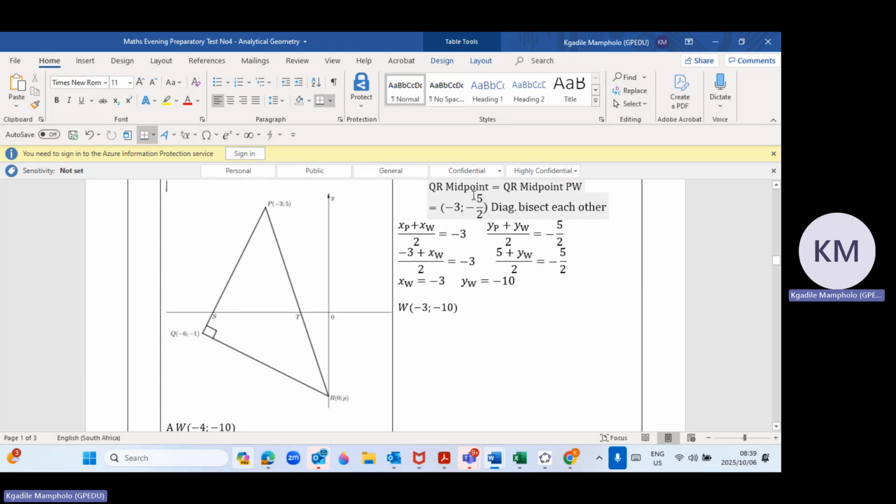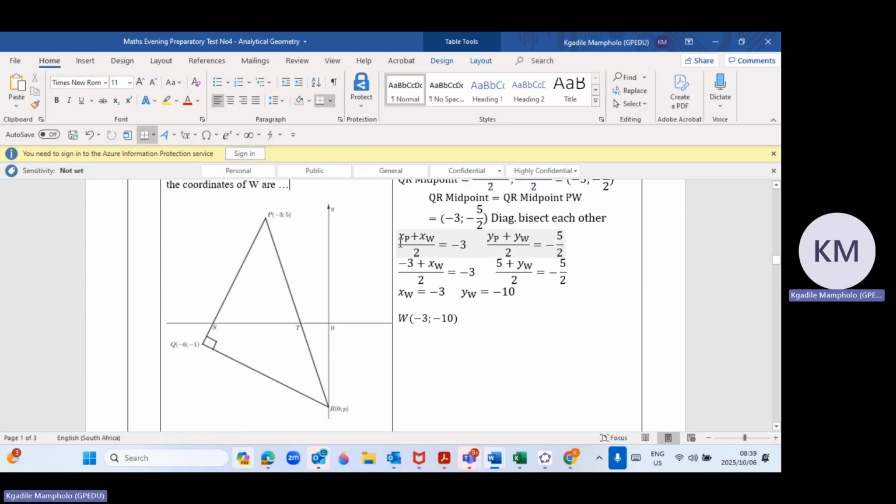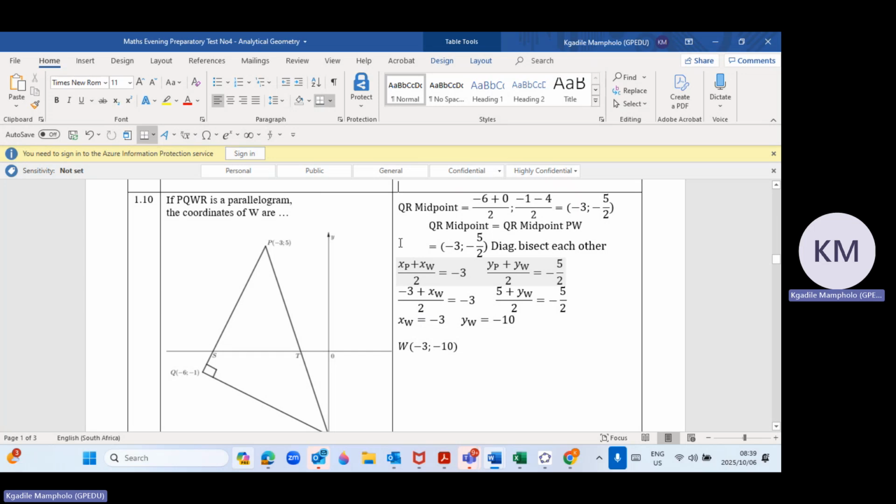So the midpoint of diagonal QR, we found that is minus 3, minus 5 over 2. Then from there you separate the two because now in PW, first we'll say the midpoint of QR, you substitute, you get negative 3 and negative 5 over 2.